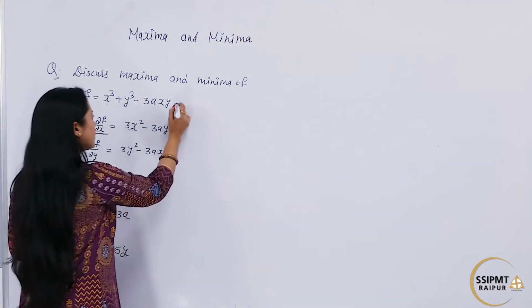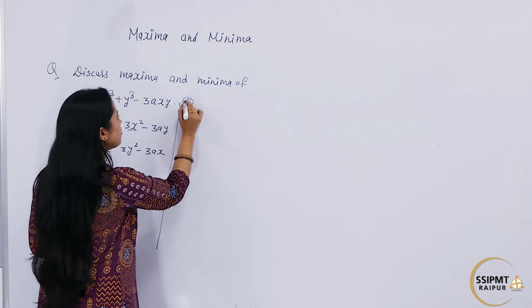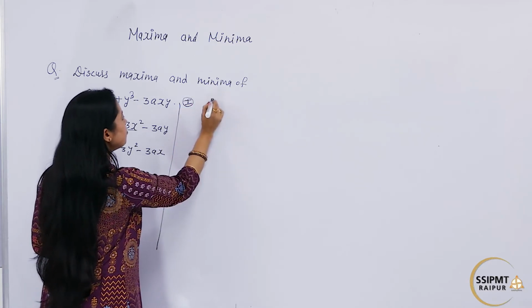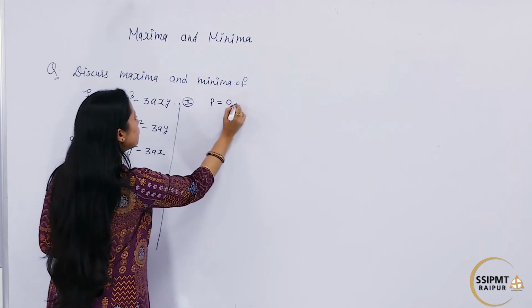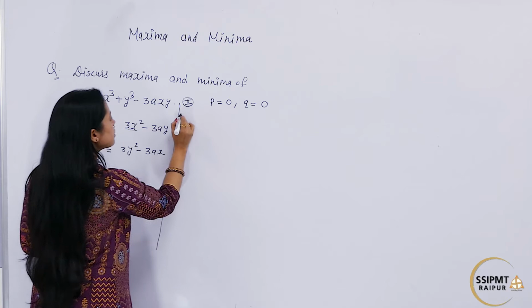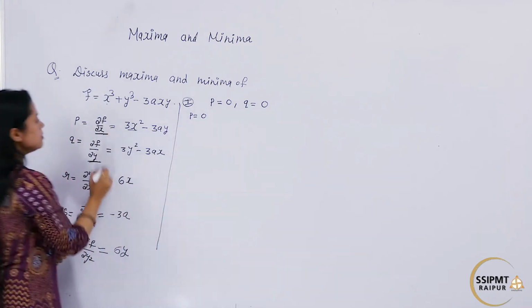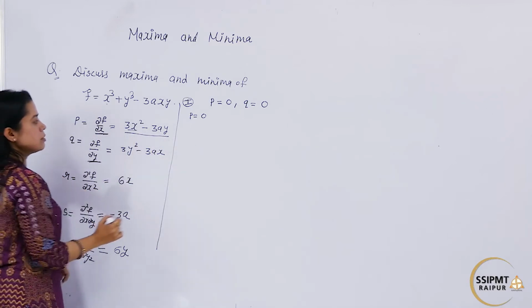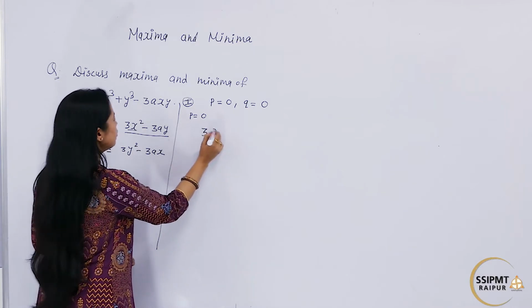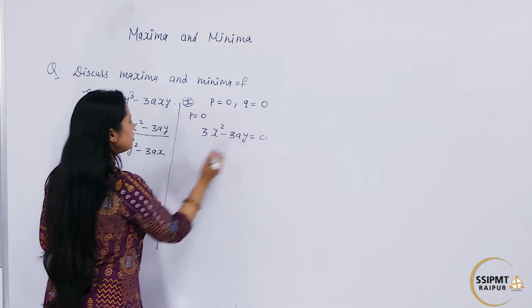Now the first step to find maxima and minima is to put the first order derivatives p and q equal to 0. So start with p equal to 0. P means 3x square minus 3ay. So we put 3x square minus 3ay equal to 0.